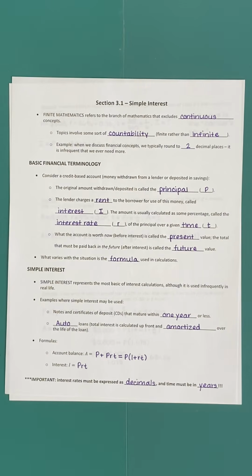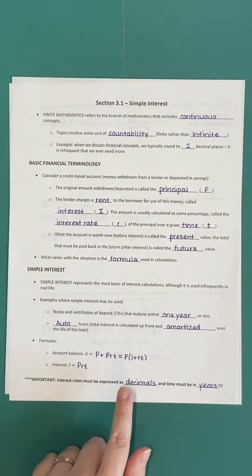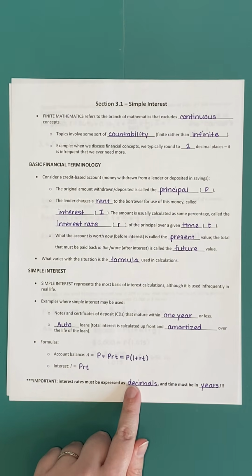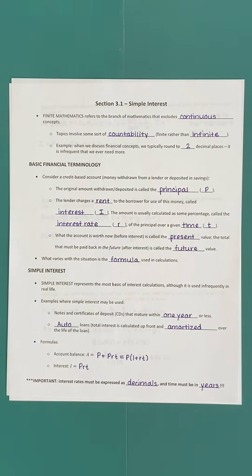It's going to be given as a percentage, but it has to be expressed as a decimal in order to be able to plug it into one of these formulas. So you cannot plug in the interest rate as it is originally given. You have to convert it to a decimal in order to use it. And we'll talk about how to do that.